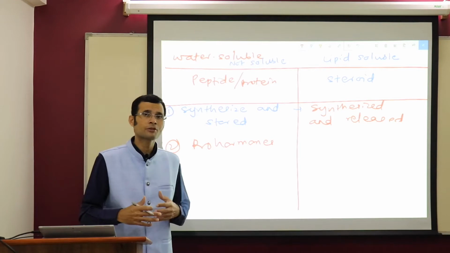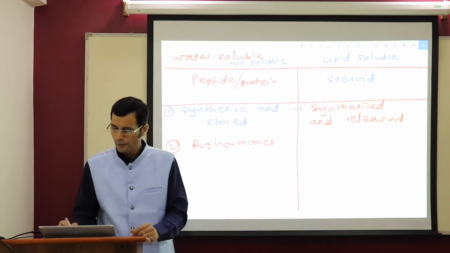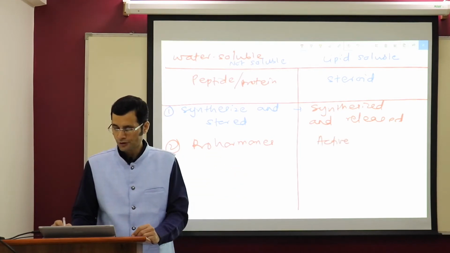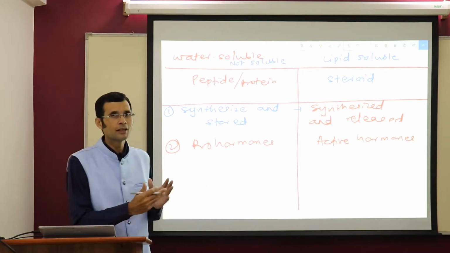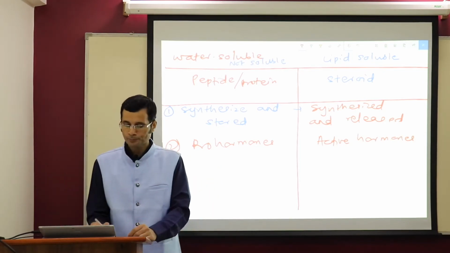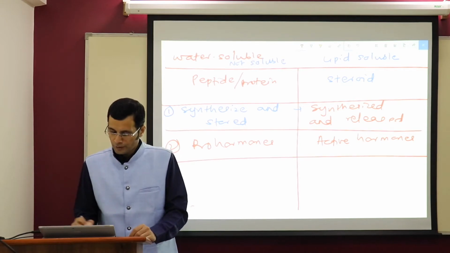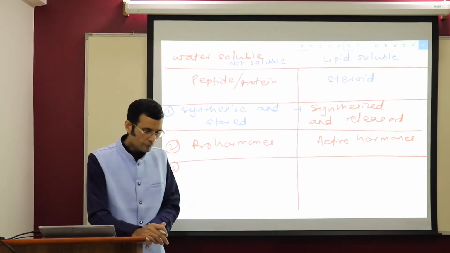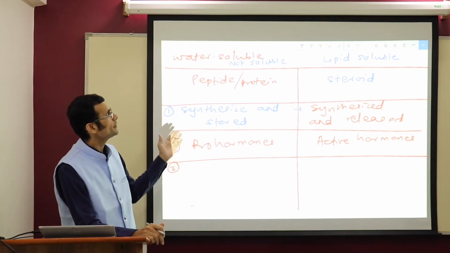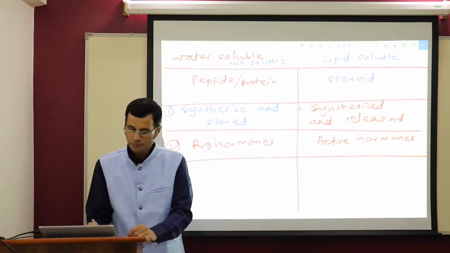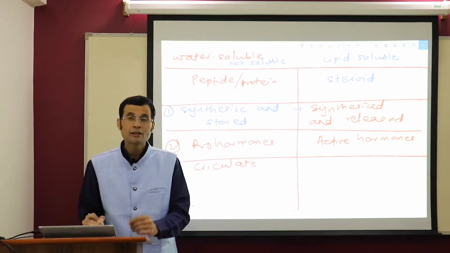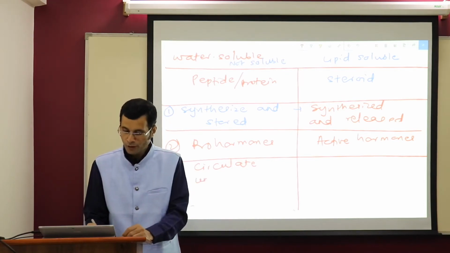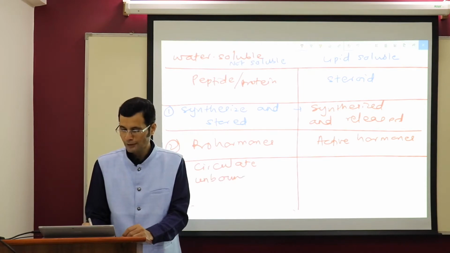Although there are exceptions to that as well, by and large, this can be said to be another differentiating feature. Third is, how do they circulate in the plasma? The peptide or protein hormones circulate as free hormones, unbound to plasma proteins.